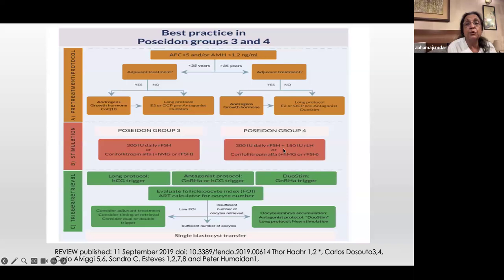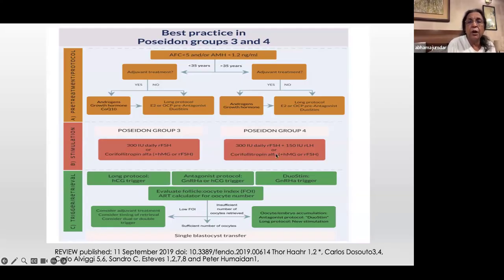But when you come to the older age group, then you add half of the dose of FSH as LH also. Corifollitropin is the long-acting gonadotropin FSH. So we can use corifollitropin alfa plus HMG or recombinant FSH. Here you use HMG or recombinant FSH.